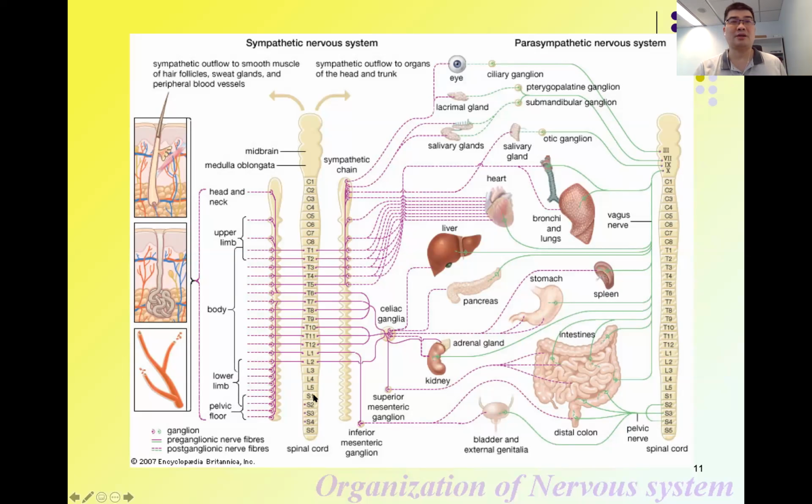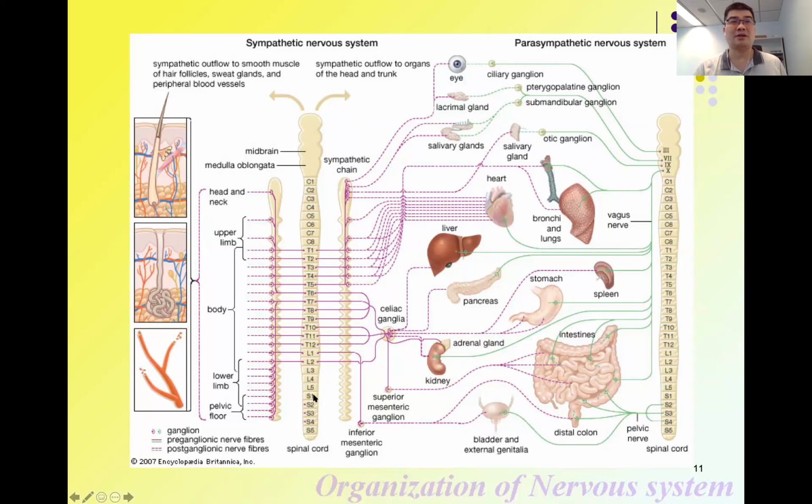Now you can see that they actually control different things. Some of those control the eye, the glands, the heart, liver, and so on. And you can see that this one is the ciliary ganglia, which is not close to the vertebrae. So in the sympathetic system, only very few of them are not next to the vertebrae.